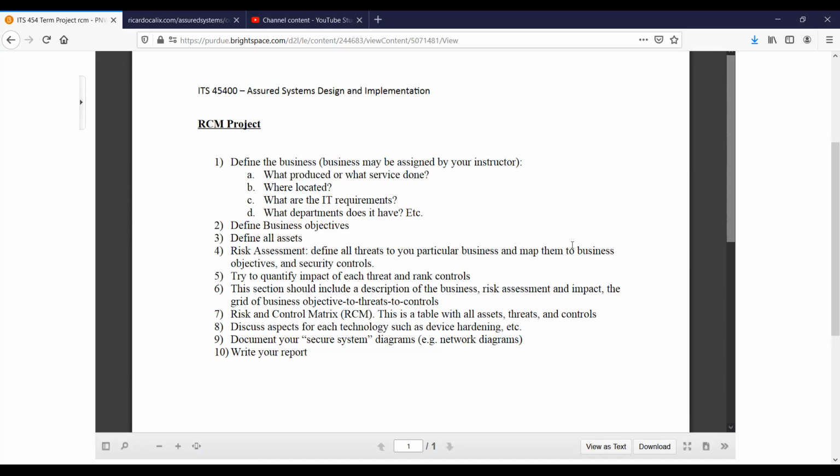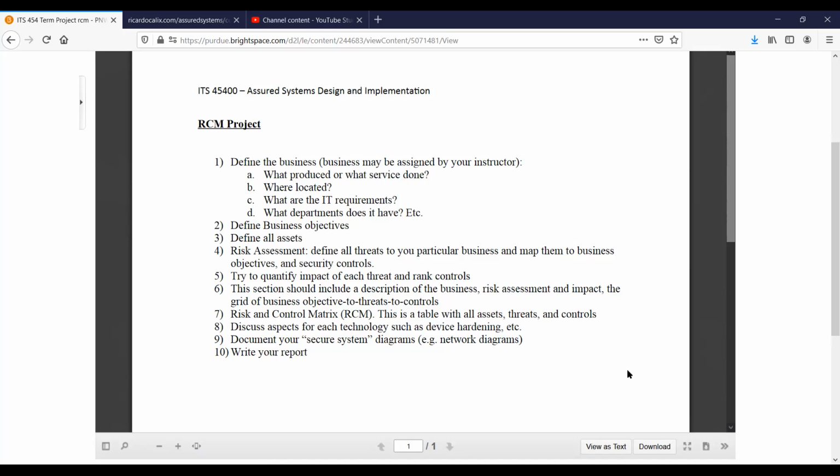So remember, you'll do a report of this, and then you'll do the presentation during the week before finals. And that's it. That is your term project, term project A.